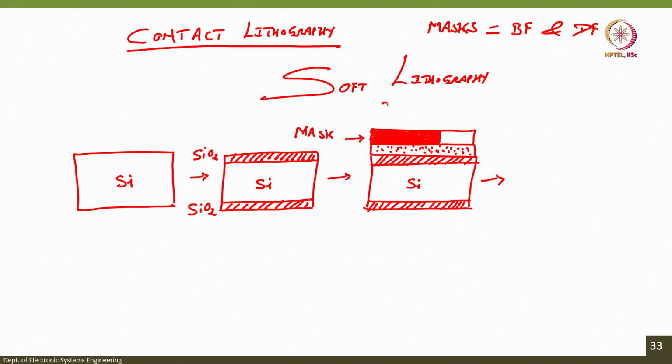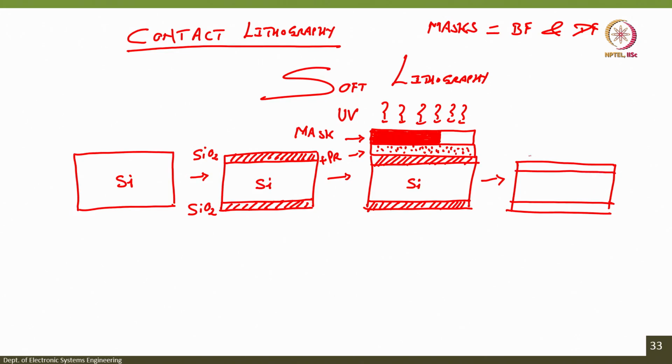Then you expose the photoresist with ultraviolet light, and assuming it is a positive photoresist, you unload the mask and develop the photoresist in a photoresist developer. What you will get, is that correct?